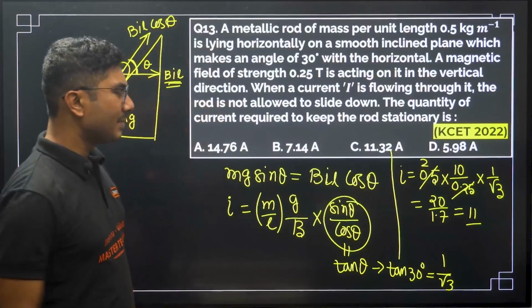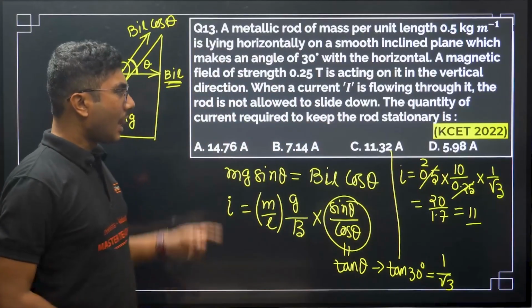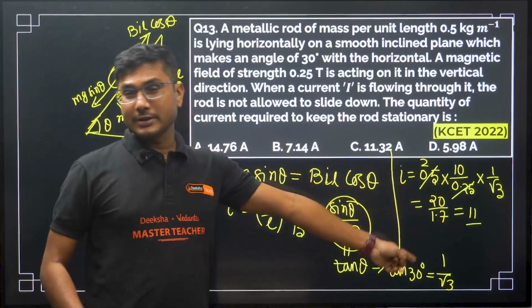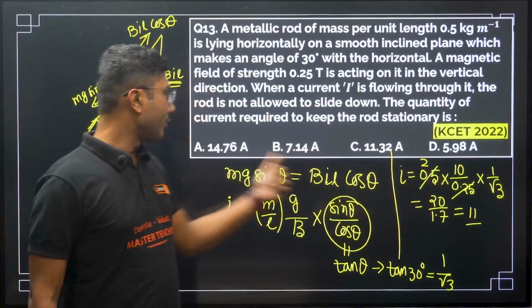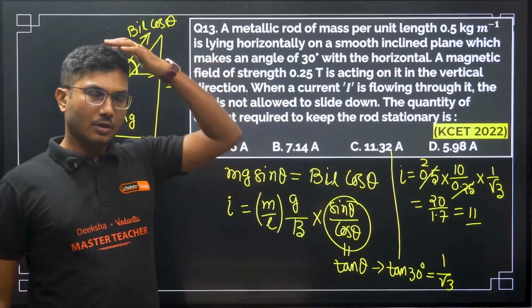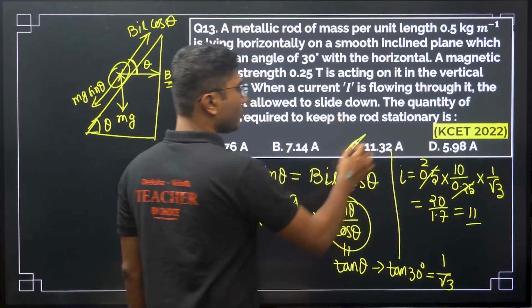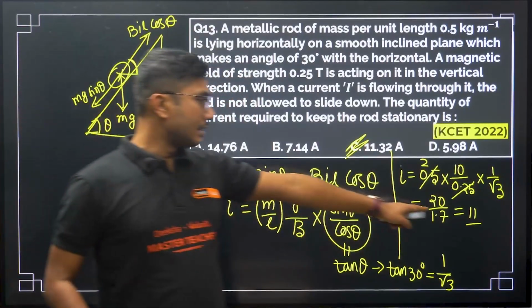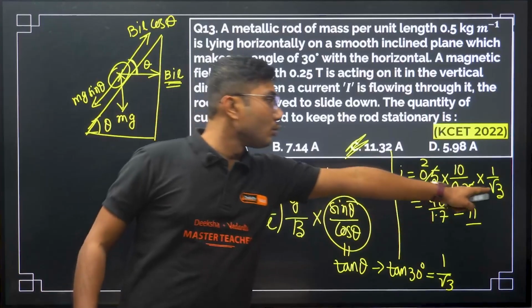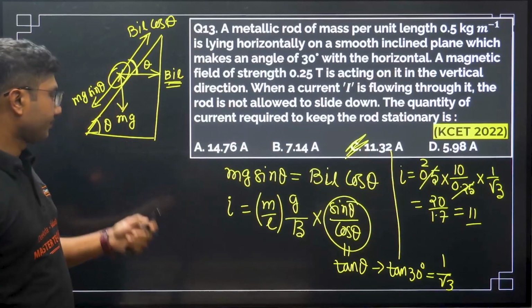Obviously 20 by 1.7 means the answer is more than 10. Either it will be 14 or it will be 11. You can check that calculation once and you will get the answer to be 11.32 and not 14.7. If this were root 2, then it would have been 14.76.